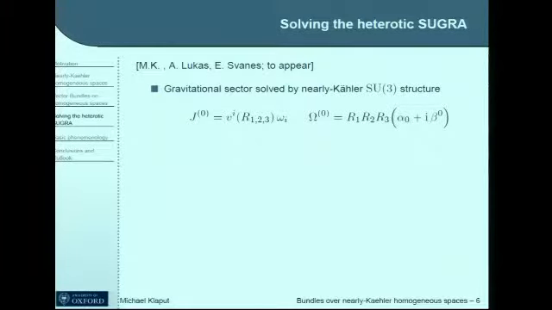Maybe to get an intuition for the parameters: those two forms together uniquely define a left invariant metric, and that metric is just diagonal with R1 squared, R1 squared, R2 squared, R2 squared, R3 squared, R3 squared. So this will be something like the radii of the internal space. Now, this is the gravitational sector of the heterotic string.